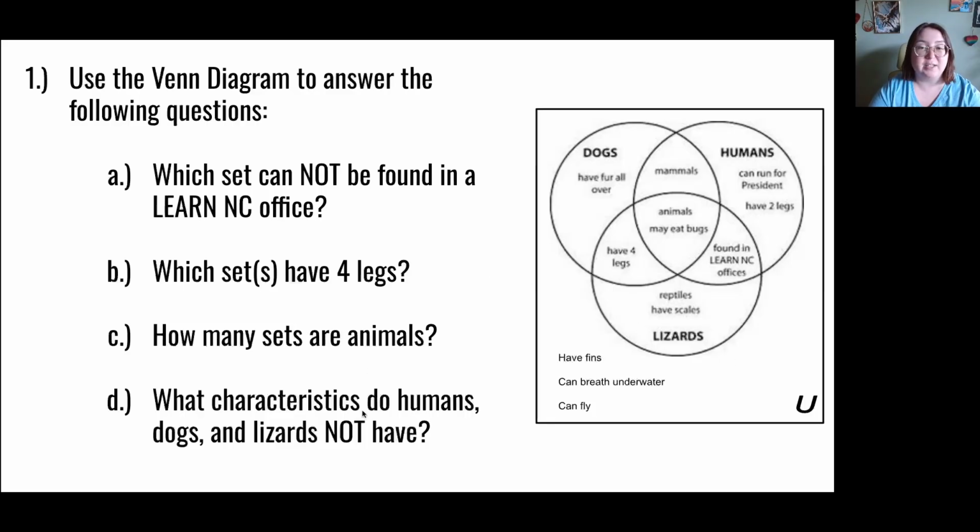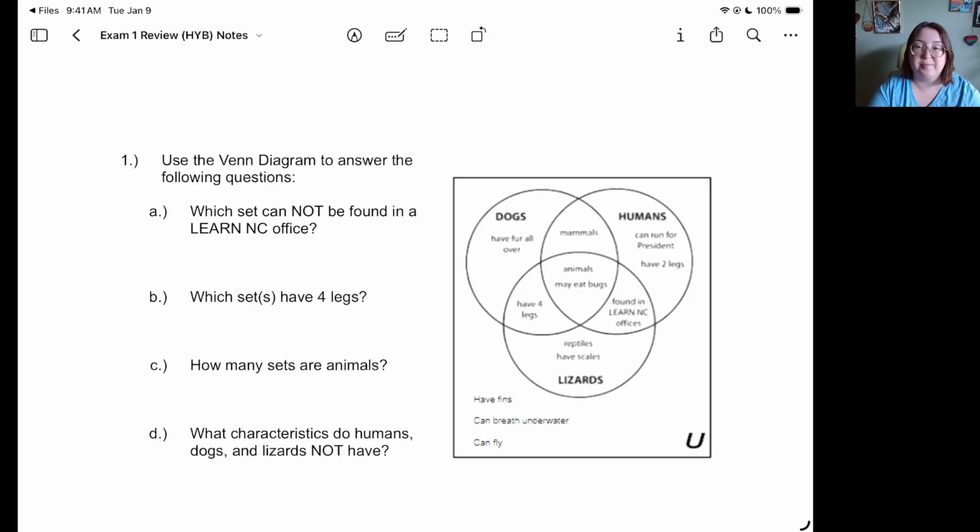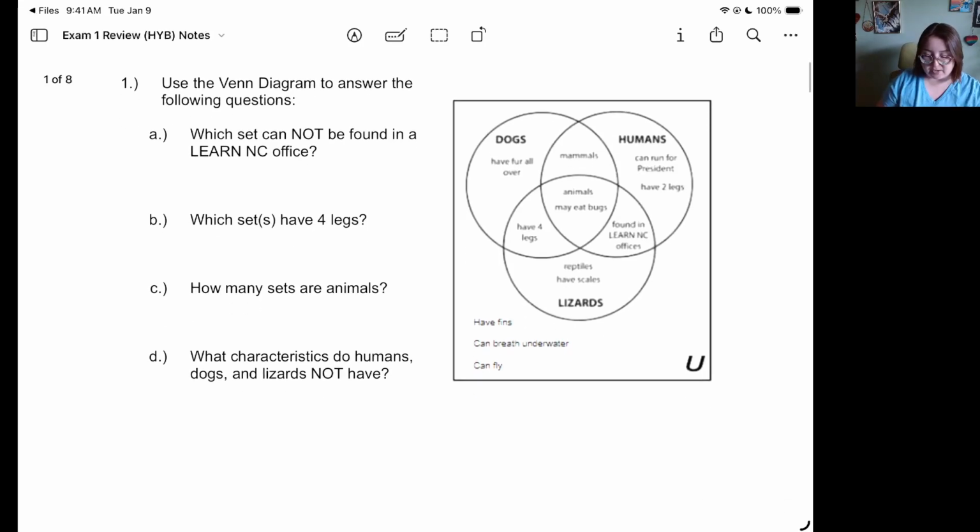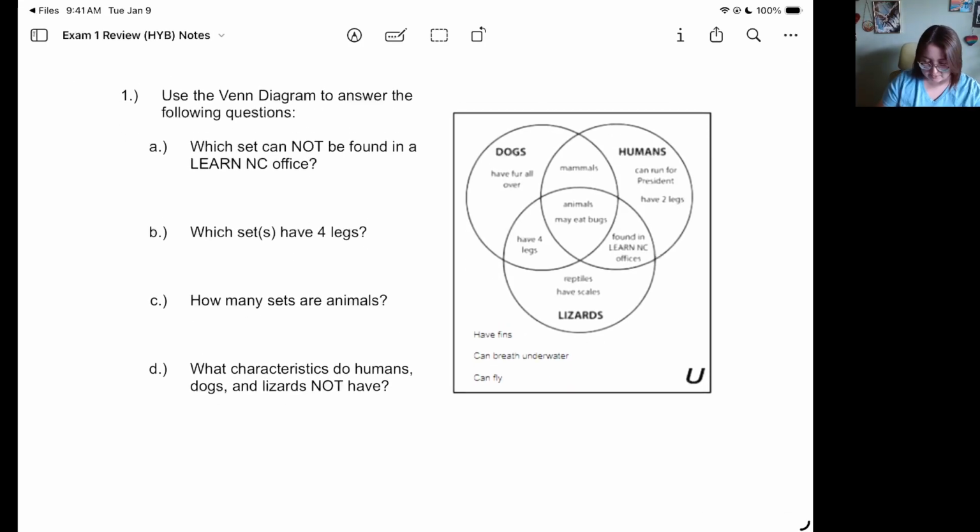So we're going to try to answer these 4 questions here using the information from our sets. We're going to go ahead and we're going to write these down separately. So we have our problems here. So our first one, which set cannot be found in a Learn NC office? That's that attribute right there.